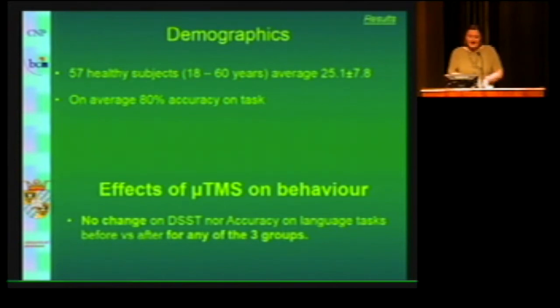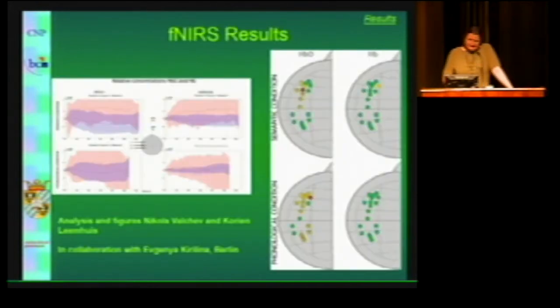What is important to say is that after any of these stimulations, there was no difference in accuracy. Because of the type of measurement, we could not really measure response time. But there was no difference in accuracy, and in the digit symbol substitution test, the speed was the same before and after any kind of stimulation. These are the results.